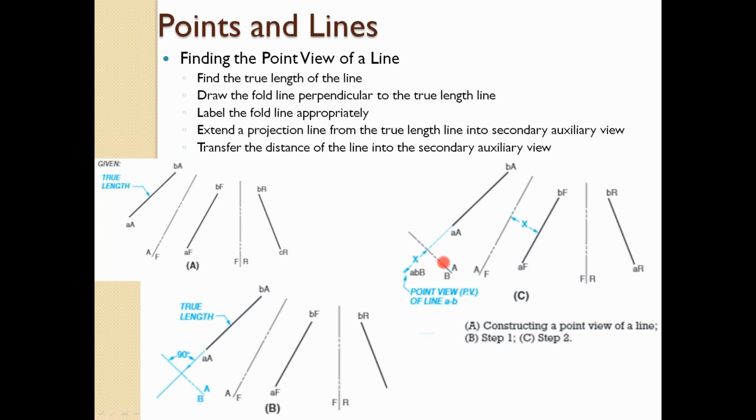You're going to draw a line here perpendicular to the true length line, and then label the fold line appropriately. So you will label it auxiliary view here, and that's your second view. Then you're going to measure the distance, whatever the distance is here, transfer the distance here, and that would be the point that you want to establish.